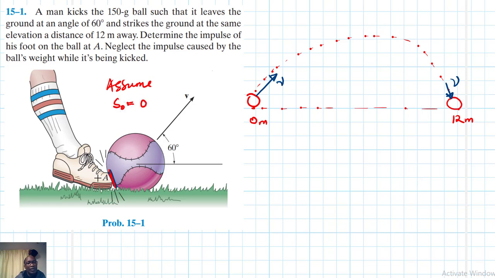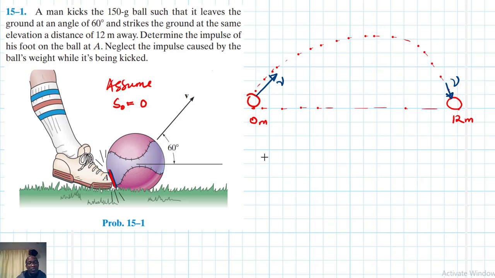The moment the foot is in contact with the ball, this foot imparts or applies a force to the ball over a certain period of time, and this is what we are calling impulse. And this impulse imparted to the ball changes the momentum of this ball.